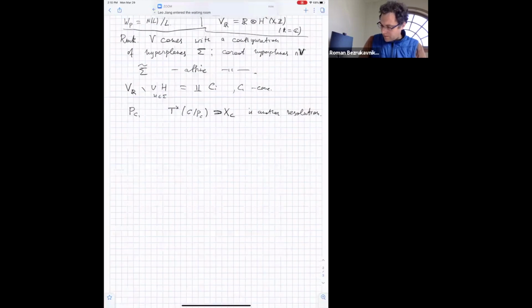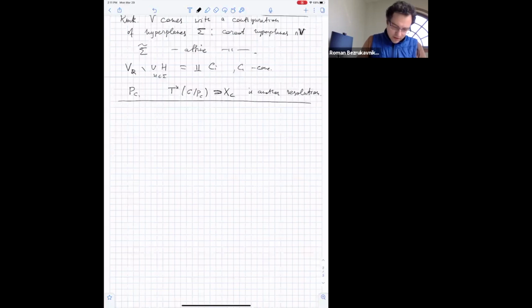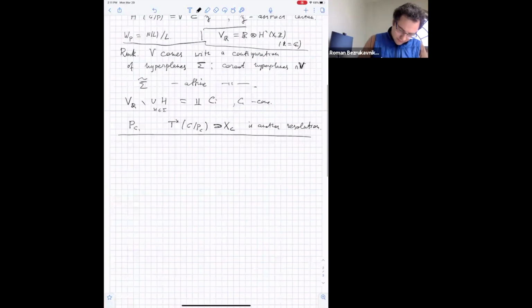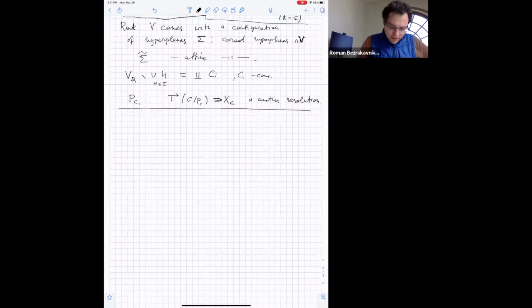Okay, and so now let me introduce some sort of structure incorporating various symmetries of the derived category of coherent sheaves on my X.